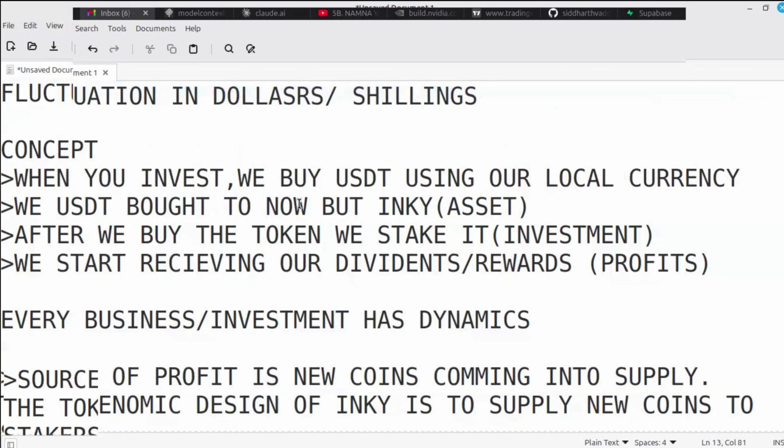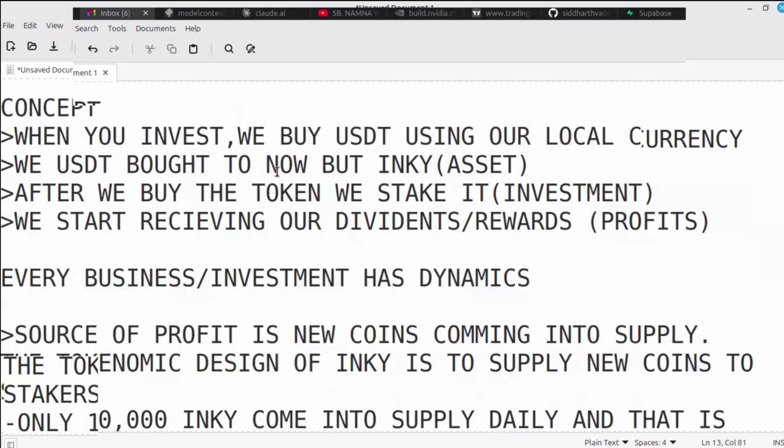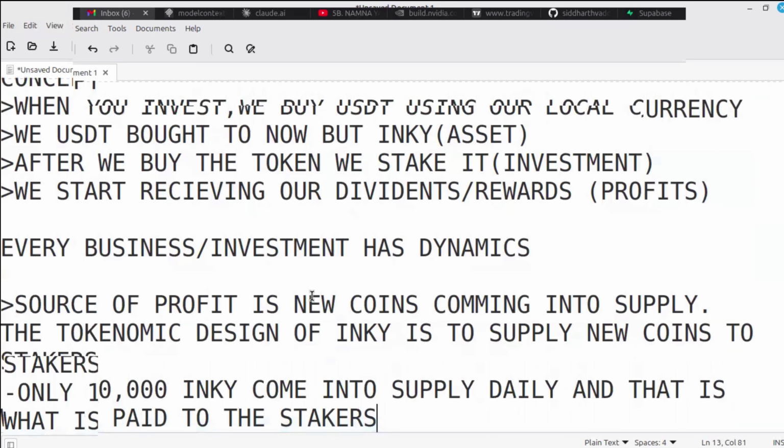We started off by speaking of how the process works. We buy the coins using USDT that we buy with a local currency. We stake it and we get rewards. Now, these rewards come from new coins that are coming into supply.